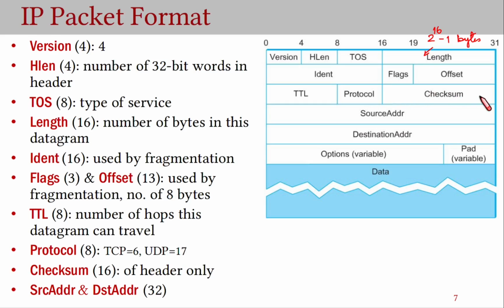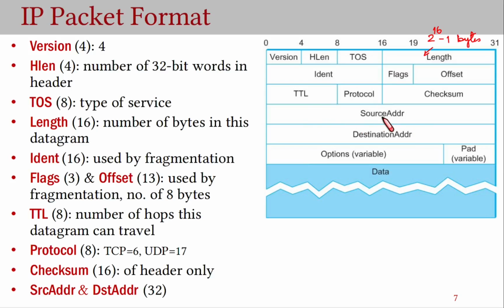Then there is a 16-bit checksum field. Now we know how to calculate the checksum. So this entire datagram is treated as a bunch of 16-bit integers, and then those are added using 1's complement, and then a complement of that result is put in this checksum field. Then we have these two fields, source IP address and destination IP address.